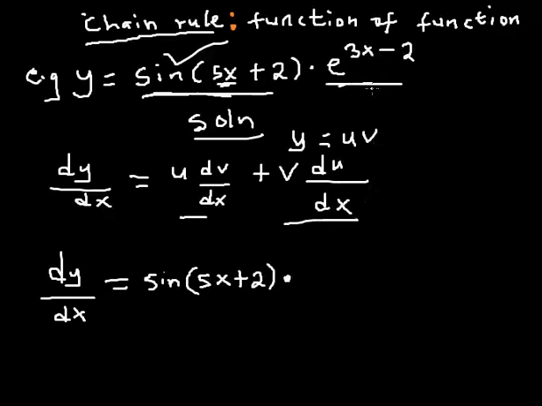Now remember what I told you, this is a function of a function, so I'm applying the shortcut. First of all, I'll do the derivative of the inner function, the derivative of 3x - 2, and that gives me 3, then times the derivative of the entire function, which is still going to be e^(3x - 2). Okay, so I'm done with that.